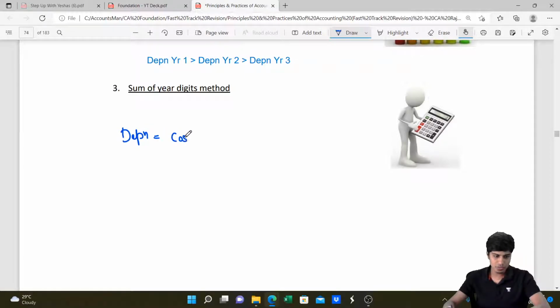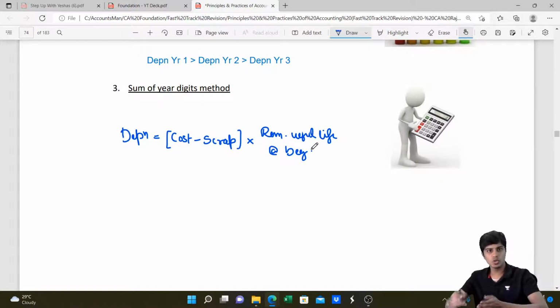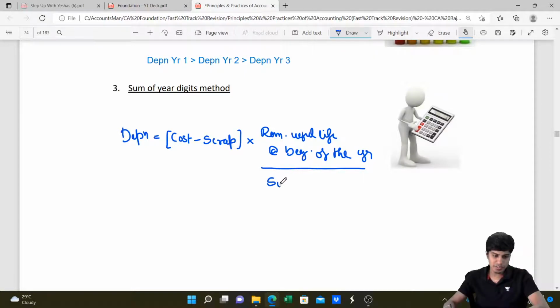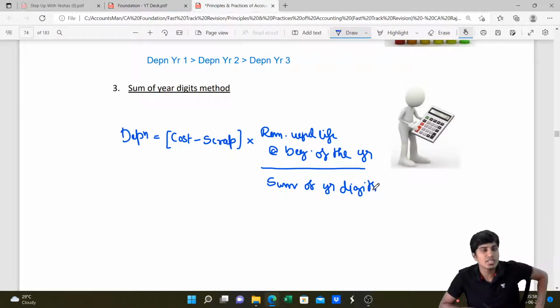Depreciation is equal to cost minus scrap value, that is the depreciable amount, multiplied by the remaining useful life at the beginning of the year, divided by the sum of year digits. This is how it's computed.